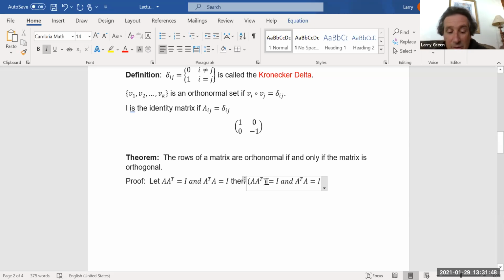We could take the transpose, because if two matrices are the same, then the transposes are the same.